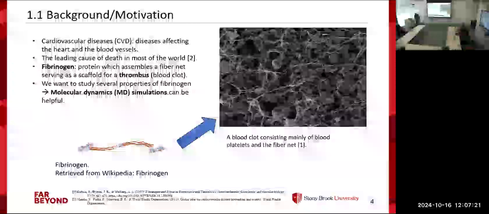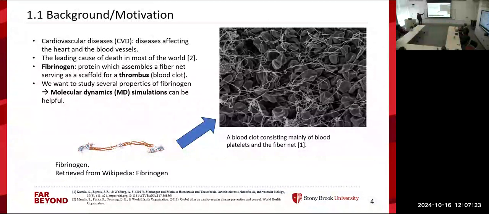We choose to focus on a plasma protein called fibrinogen. Its function is it assembles, polymerizes, it creates a fiber net that serves like a scaffold for a blood clot, a thrombus.